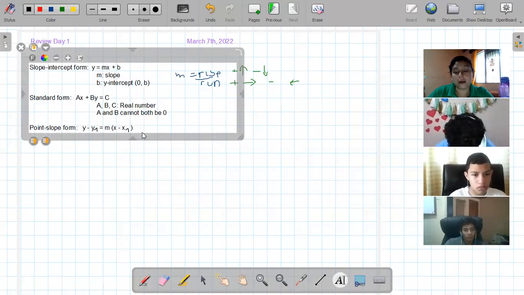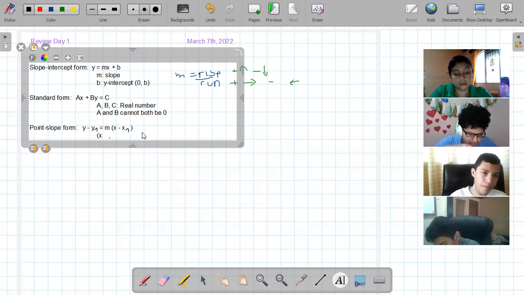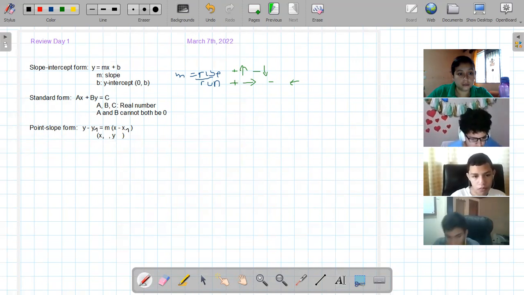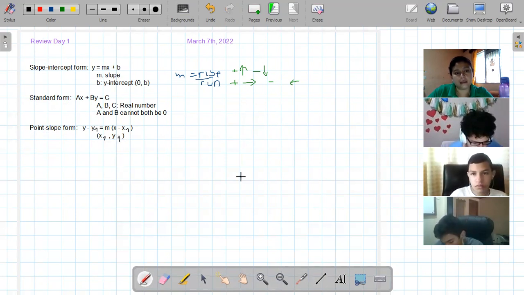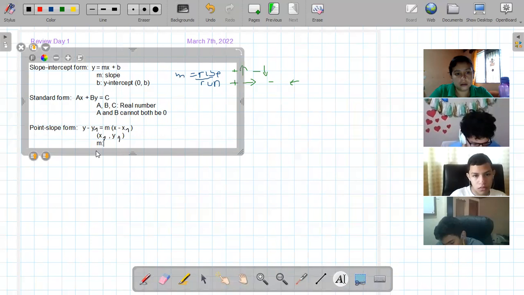Now what is x1, y1? x1, y1 is a given point. Okay, any given point. And the m is the slope, just as we already know. Okay, so what is the difference in this case? Well, the difference is that the y has a number that's adding or subtracting as well as the x, and it is inside a parenthesis, okay? That's the biggest difference, okay?